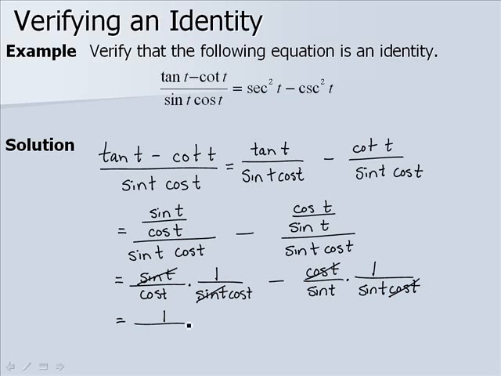So we end up with 1 over cosine squared of t minus 1 over sine squared of t. But remember that 1 over cosine is secant, so we now have secant squared of t. And 1 over sine is cosecant, so we have cosecant squared of t. So there we have shown that the left side is equal to the right side.